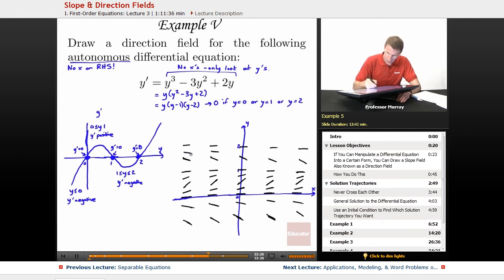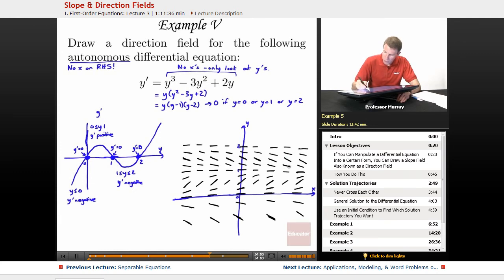Some more gently negative slopes there. Maybe I'll fill those in a bit. Fill in some more of these just so you get a better idea here. Steeply negative slopes.